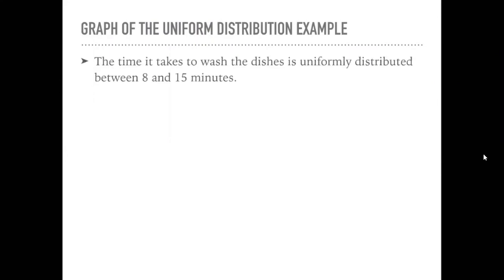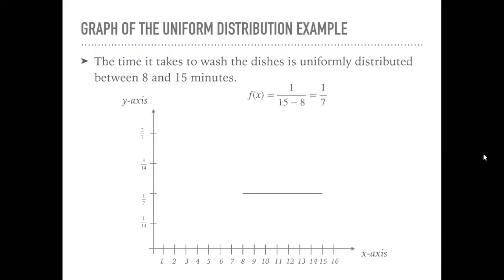So let's say the time that it takes to wash dishes is uniformly distributed between 8 and 15 minutes. To draw this, we would say, okay, f of x equals 1 over 15 minus 8, which is 1 over 7. So we could draw a pretty little line there, and the shaded area should have an area of 1. We could take a look at it.